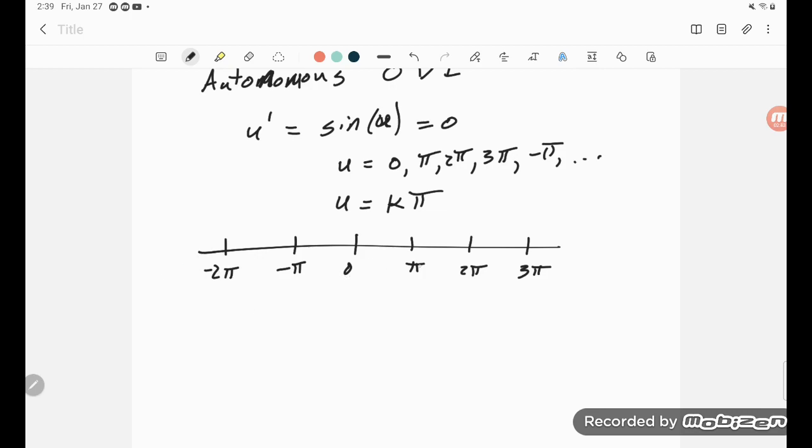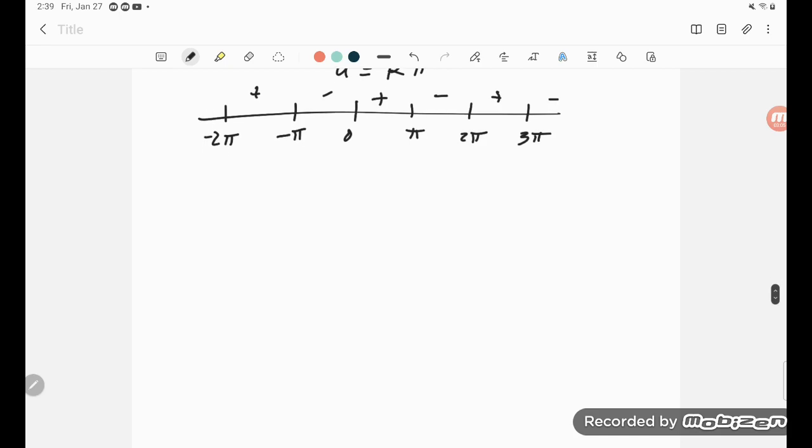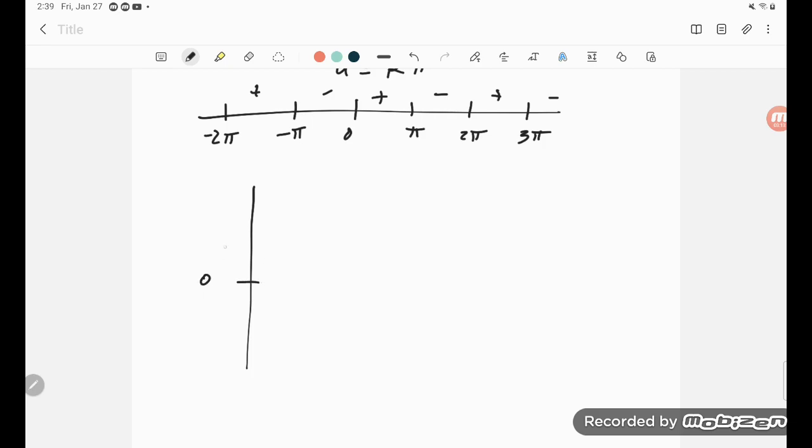So between 0 and pi, the sine function is what? Positive. Between pi and 2 pi, the sine function is negative. Positive, negative. And going the other direction, we've got negative, positive, and so forth. So if you look at this vertically, here's 0, pi, we'll just go up to 2 pi, down to minus 2 pi.